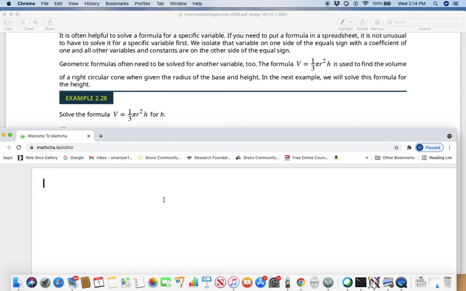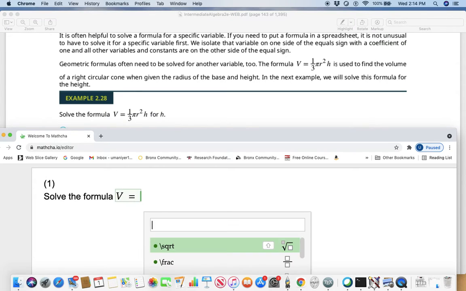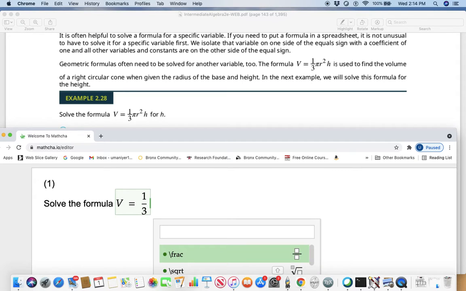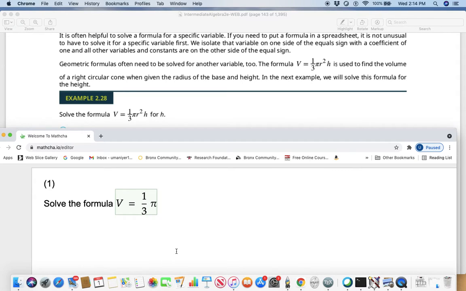So first, solve the formula V equals 1/3 pi r squared h. You want to solve this formula for h. In other words, you want to isolate h.